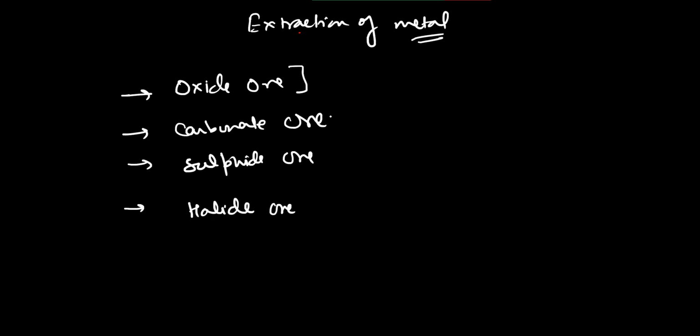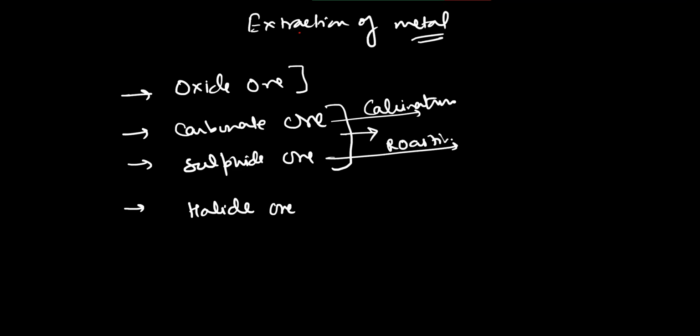Out of these ores, oxide ore is already in oxide form. Carbonate ore, after enrichment, meaning after removal of gangue, undergoes calcination, and sulfide ore undergoes roasting. We do these two steps to convert them into oxide form.